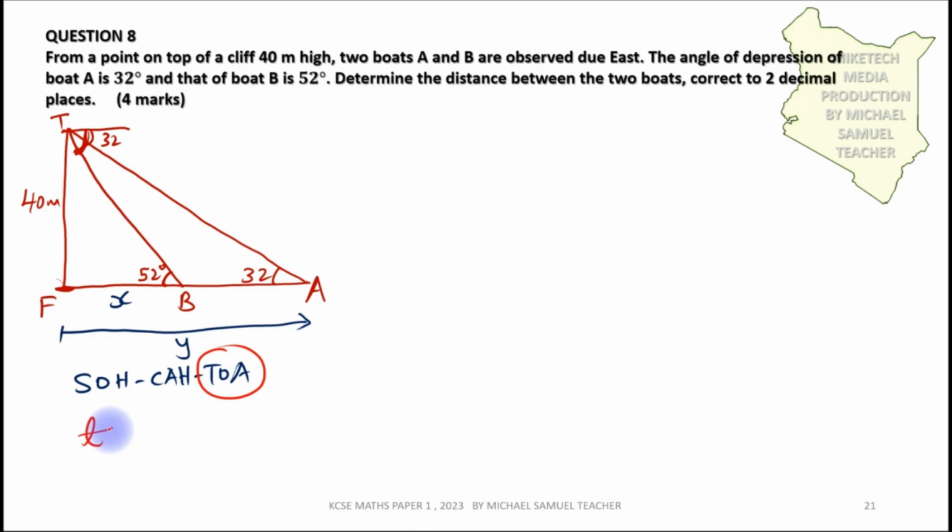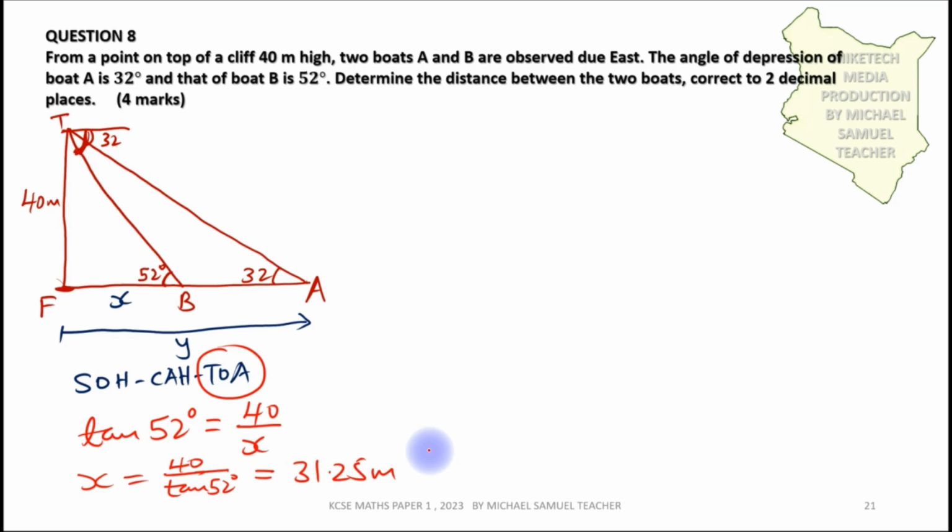So tan 52 degrees will be equal to opposite, which is 40 divided by x, and therefore x will be 40 over tan 52 degrees, which is actually equal to 31.25 meters.